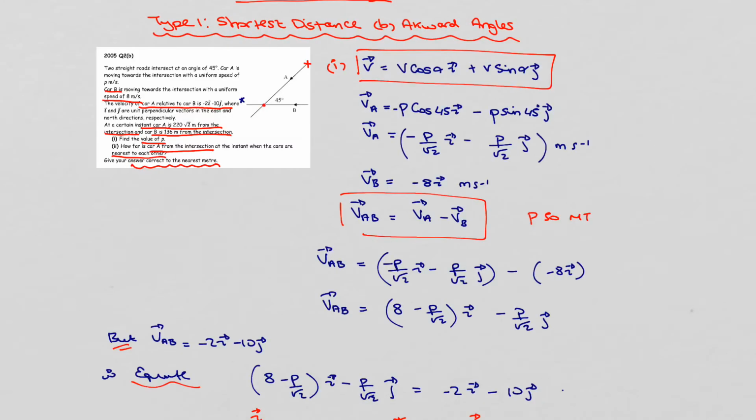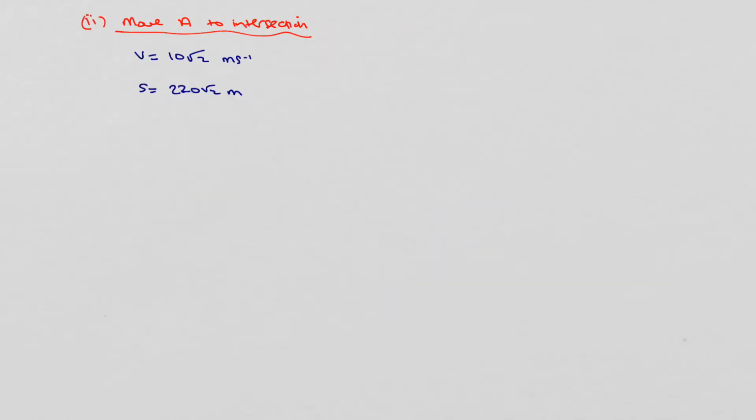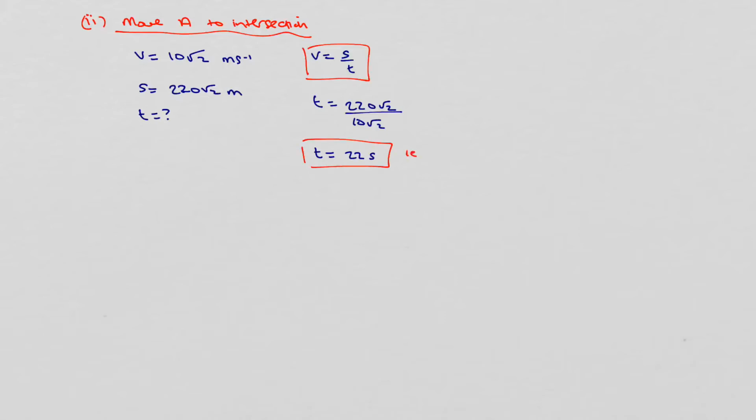If we go back to the question, you can see at a certain instant, car A is 220 root 2 meters from the intersection. I want to know how long that takes. We know that speed is equal to distance over time, so the time must be 220 root 2 divided by the velocity, which is 10 root 2. Therefore it takes 22 seconds for it to reach the intersection.